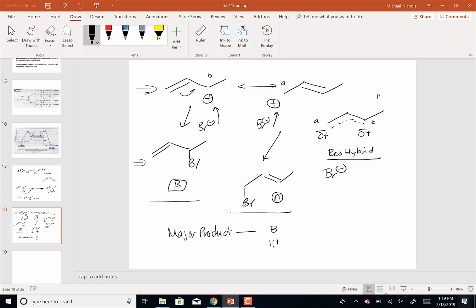We don't have that rule. But we do have rules about more substituted double bonds being more stable. So I'm going to look at product A from the standpoint that it's the more stable product. So where does the major product come from? The more stable intermediate or the more stable product?